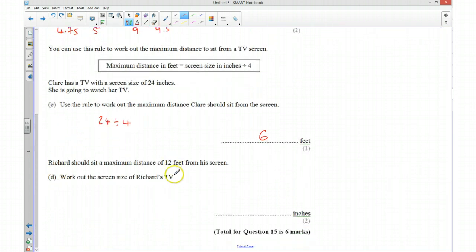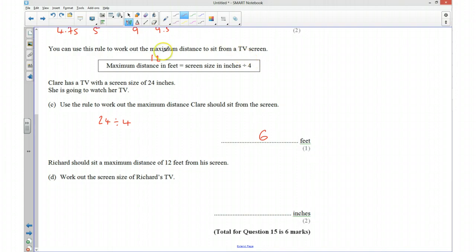Richard should sit a maximum distance of 12 feet from his screen, so this time we know this information here, and we need to work out the screen size of Richard's TV. So if that's 12, we want a number, his screen size in inches, divided by 4, that's going to give us 12. So we can work backwards here, because we're dividing by 4.